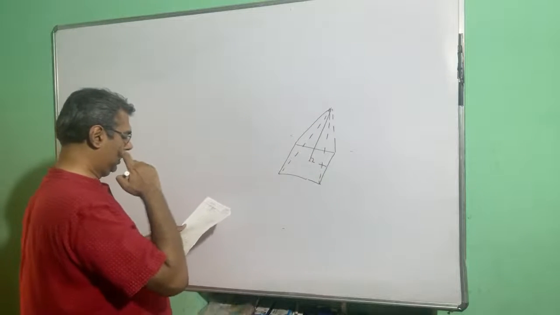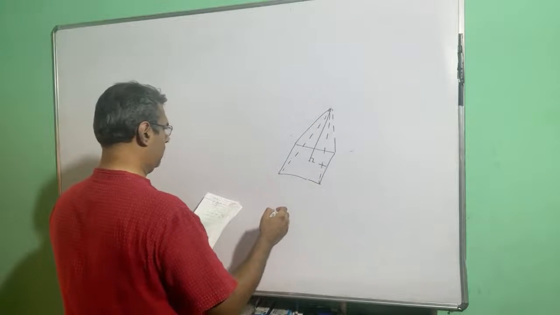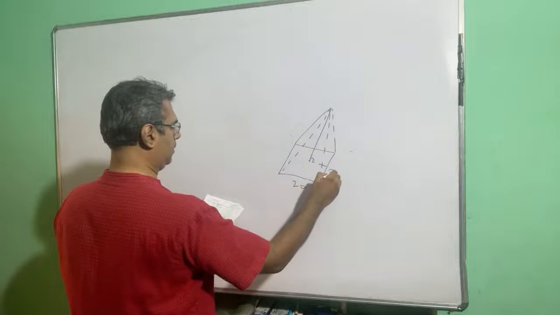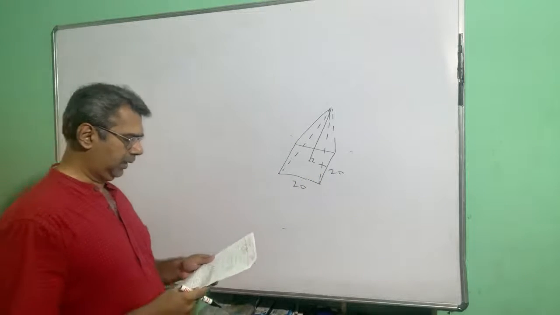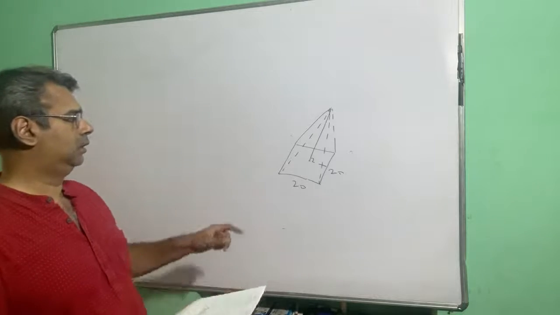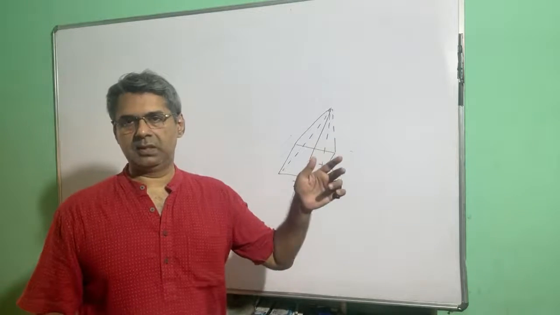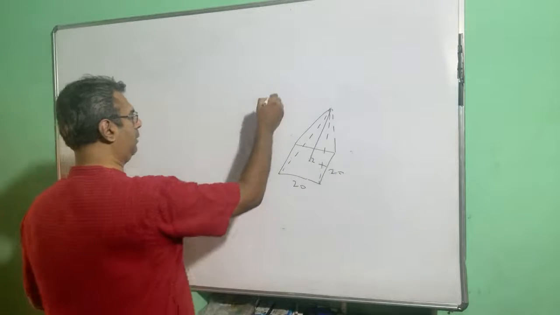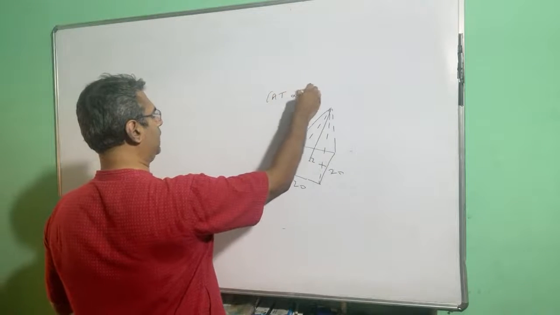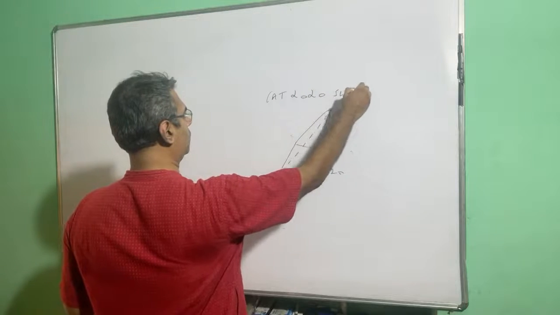So there is a pyramid, right, and it has been informed that the base is a square of 20 by 20, and the four faces are all equilateral triangles. This is a question from CAT 2020 Slot 2.